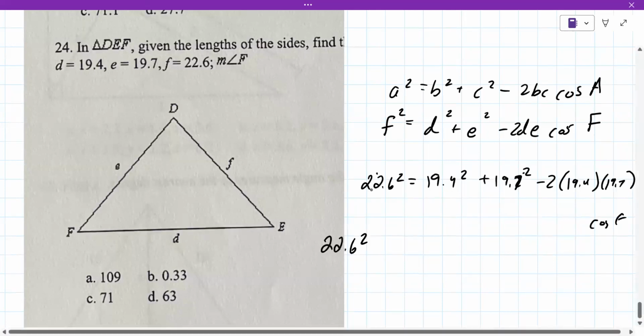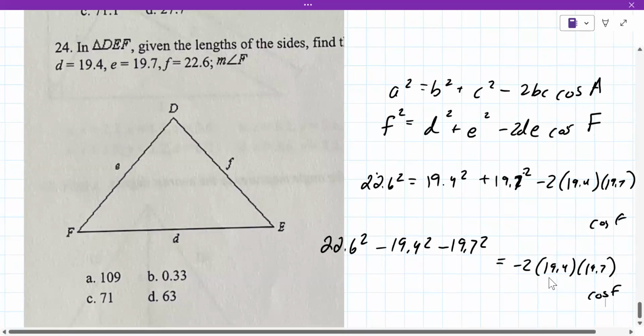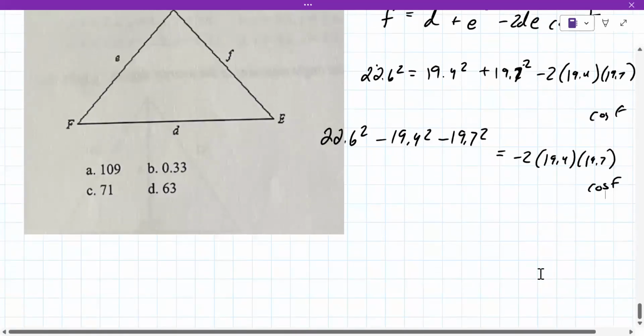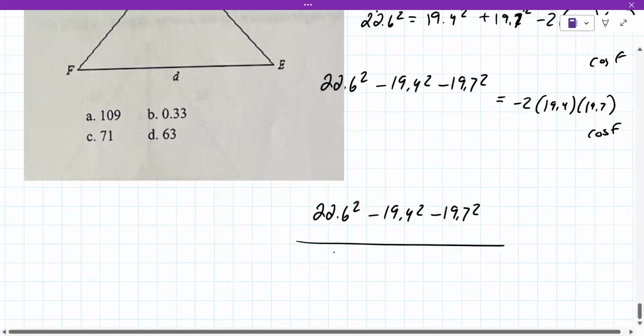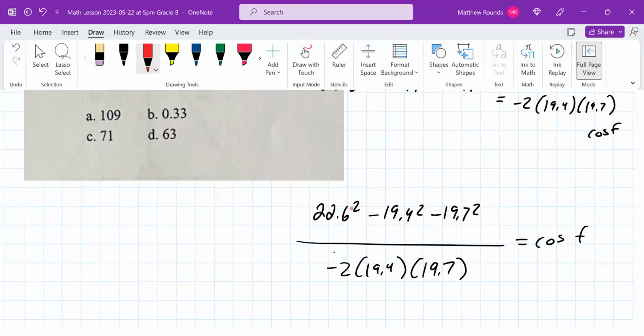It's 22.6 squared minus 19.4 squared plus minus 19.7 squared equals minus 2 times 19.4 times 19.7 cosine F. Now you can divide both sides by it. You end up getting this divided by minus 2 times 19.4 times 19.7 equals cosine F. If you're doing this in your calculator, as a reminder, you've got to add parentheses, parentheses, parentheses.